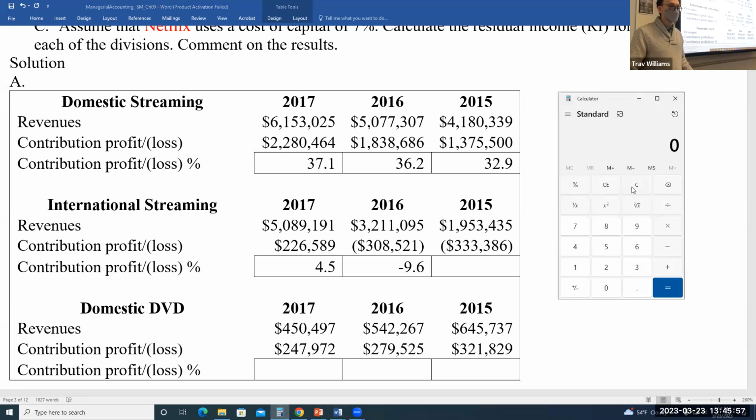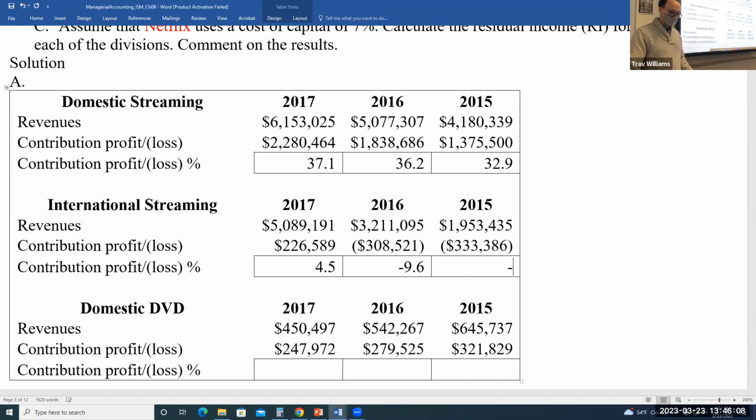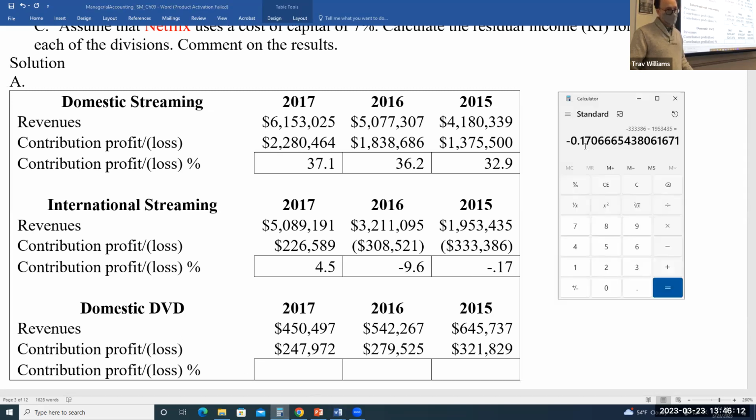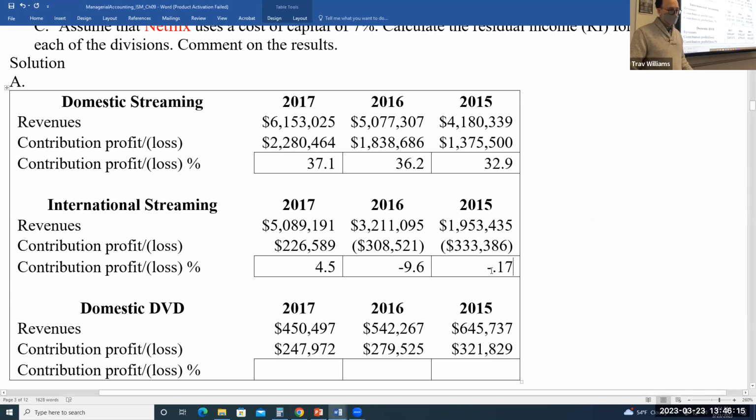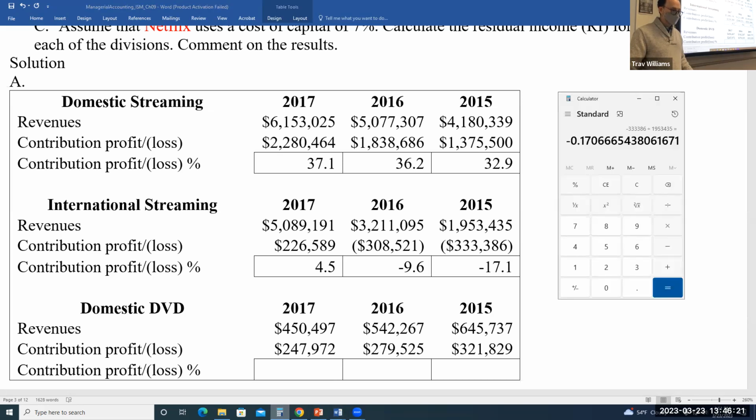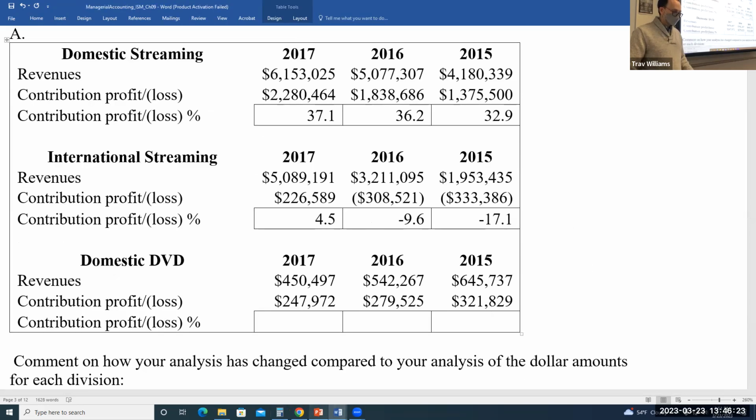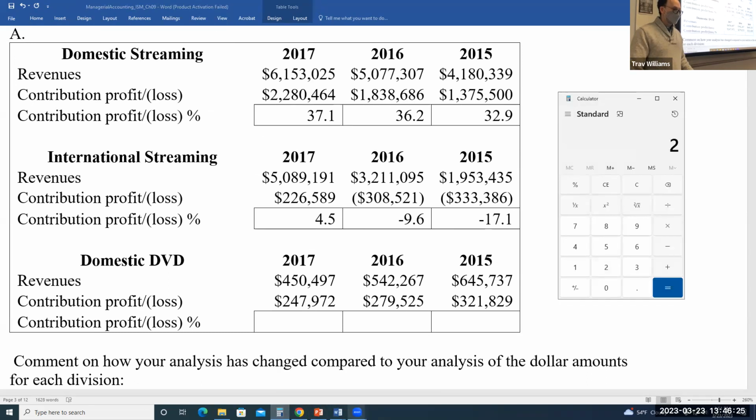Then you again have to clear out your calculator before you enter a negative number, otherwise it's going to give you an invalid result. Okay, any questions about what we're doing here?